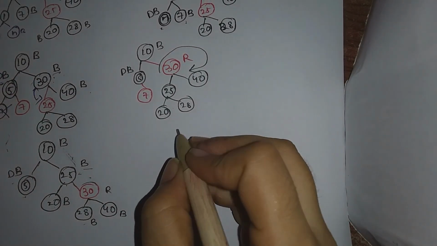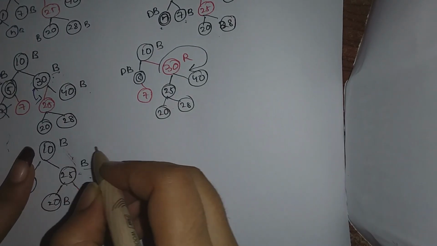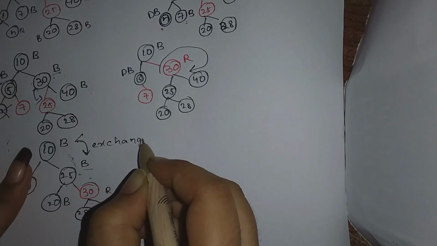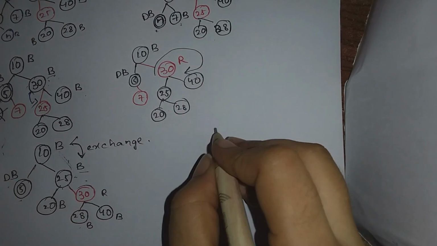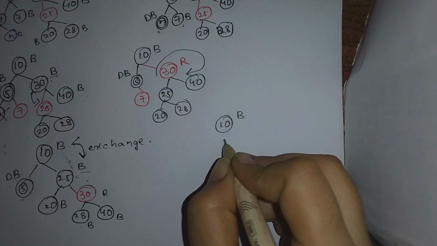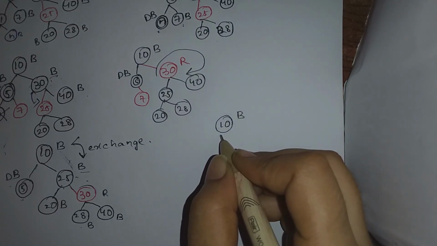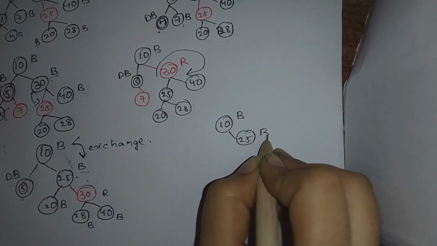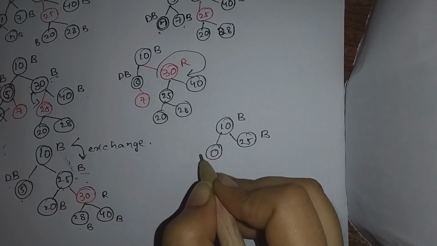Now swapping, exchanging the colors: here both are black, so only black appears. Swapping or exchanging black still results in black as they are the same color.